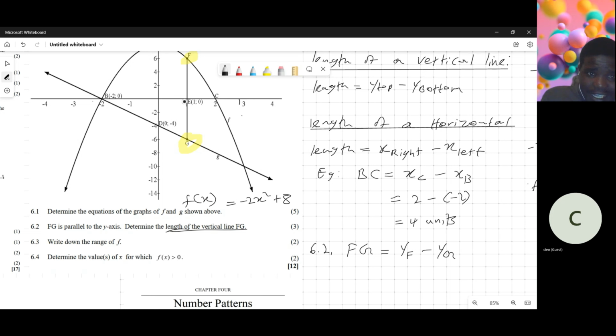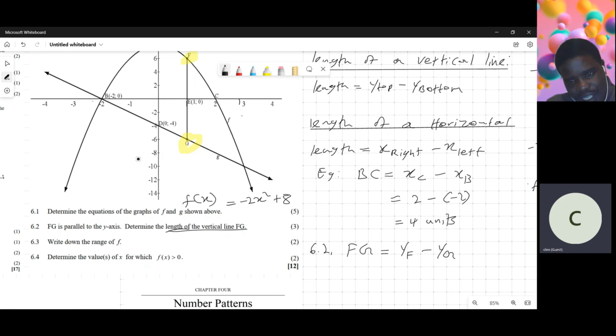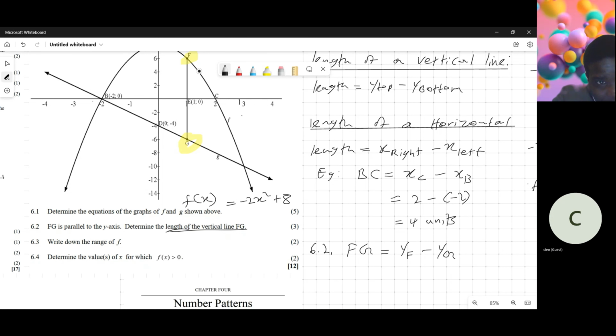On this equation, we know that f of x is the output and x is the input. What we see here is that FG is parallel to the y-axis, meaning the value of x at E is the value of x at G, which is the same as the value of x at F. Because this is a straight line vertically, if the value of x at E is 1, the value of x at F is also 1, meaning the input at F is 1.